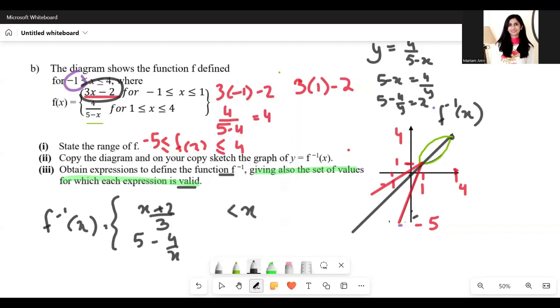For the linear part, the range is from -5 till 1. So we'll write -5 here till 1. And for the green part, the range starts from 1 till 4. So here the domain will start from 1 till 4. That should be the answer.